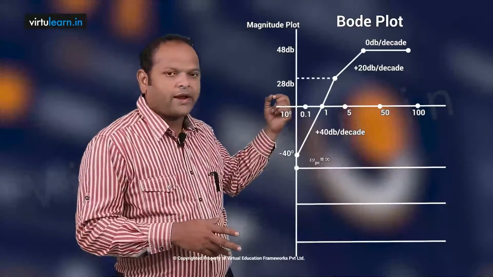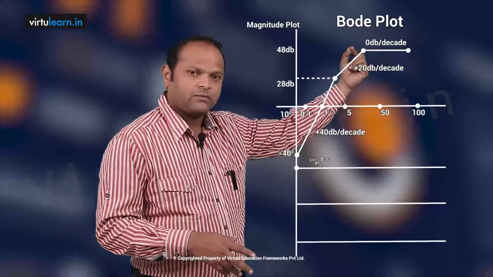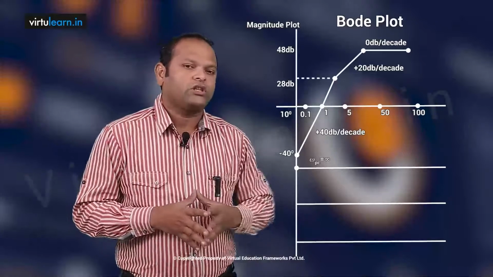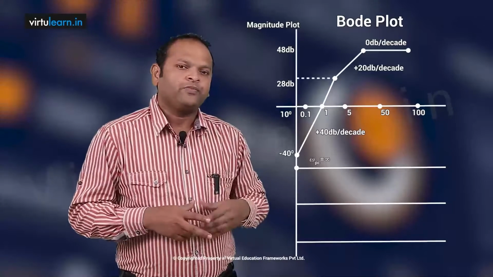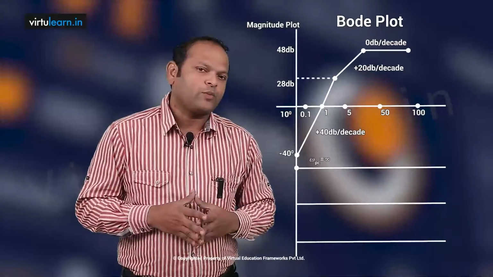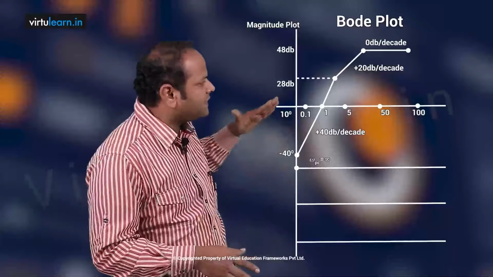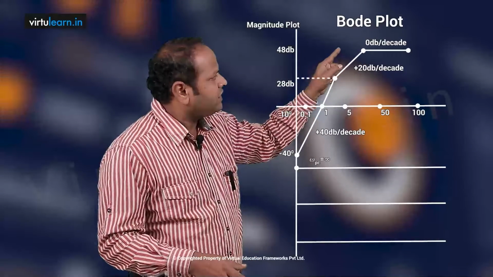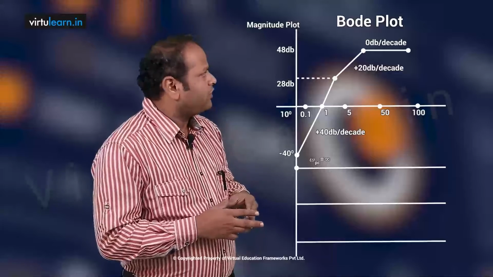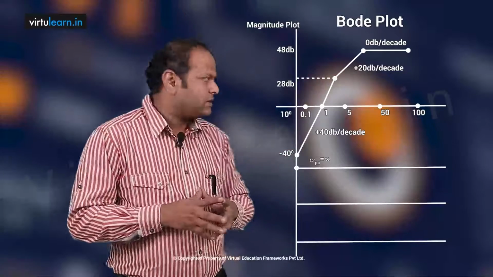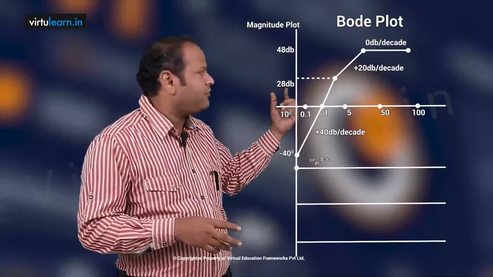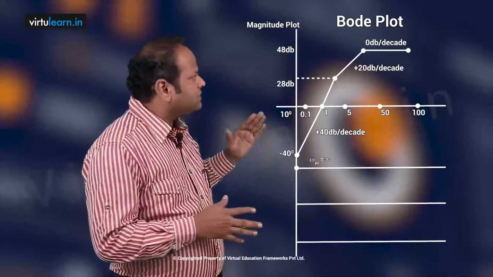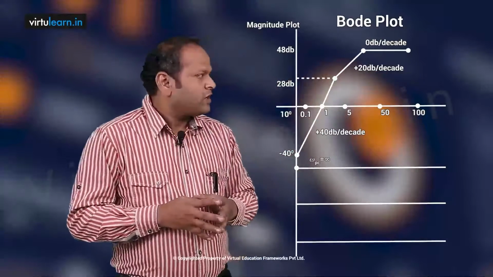So, it is from minus 40 to 28 increasing because we have two zeros in the numerator in this transfer function. Because of that the initial slope is plus 40. Plus 40 means it is increasing. That is why we have increasing here. Then after that it is 20 dB per decade, then after that 0 dB per decade. So, I can write here: this is plus 40 dB per decade, plus 20 dB per decade, 0 dB per decade. So, this is the magnitude plot.